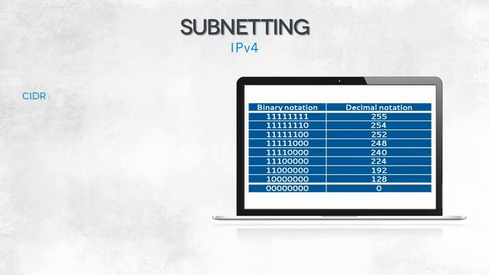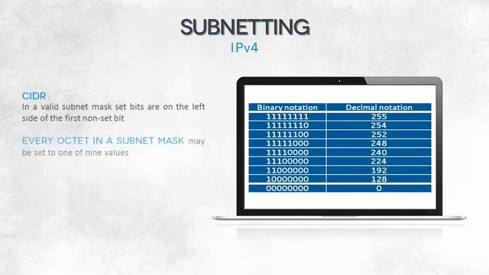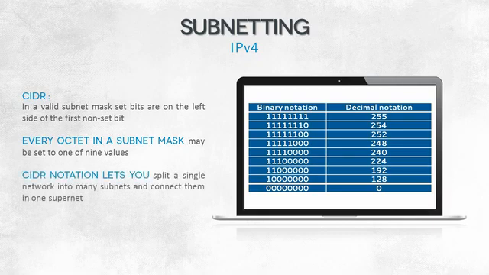The solution to this problem is classless interdomain routing, CIDR. It utilizes the fact that the network address and the host address don't need to be divided into individual octets. One part of an octet can define the network address and the other the host address. To allocate these bits, a CIDR mask is needed.